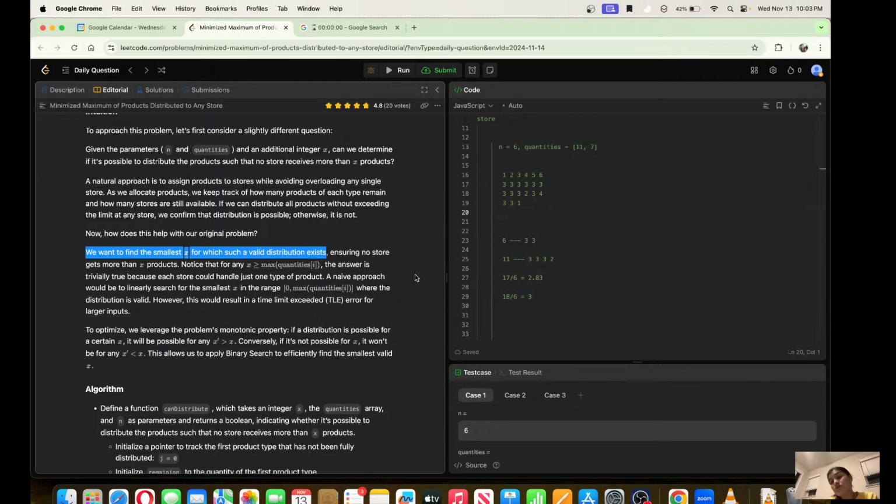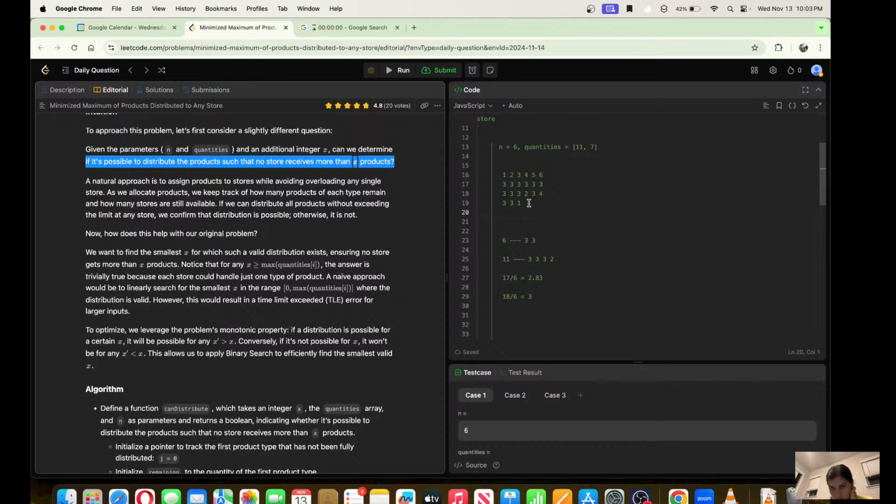Okay, so they are using binary search to find the smallest valid X. And actually this is a two-way question. So one question is, if we are given X, then we need to find if it's possible to distribute the products such that no store receives more than X products.